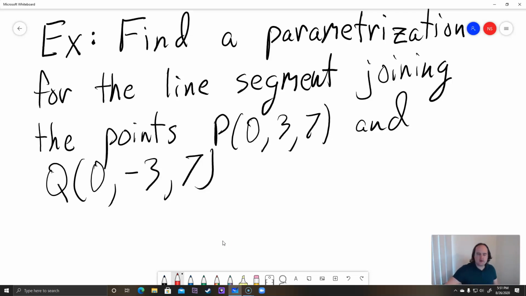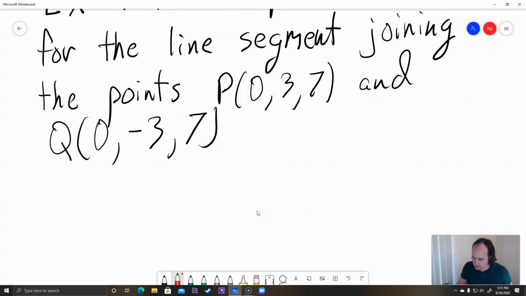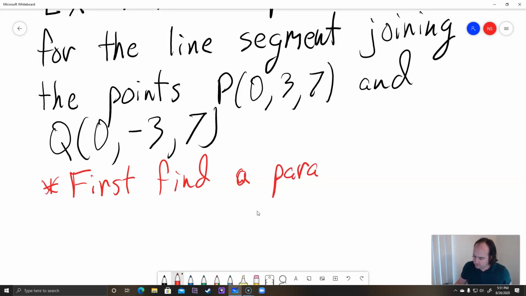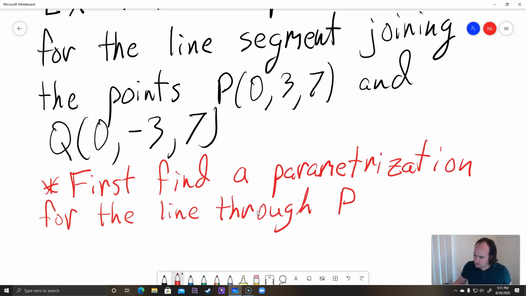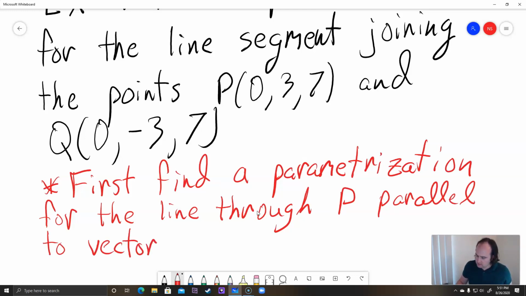Okay, so our first thing we're going to do here is first find a parameterization for the line through point P, and it has to be parallel to vector V, and here vector V, we're going to find by writing out PQ.